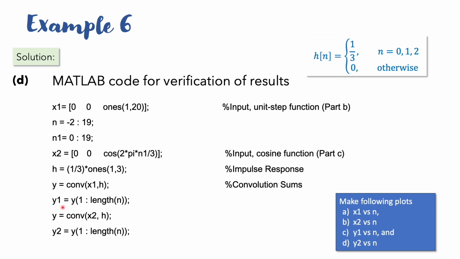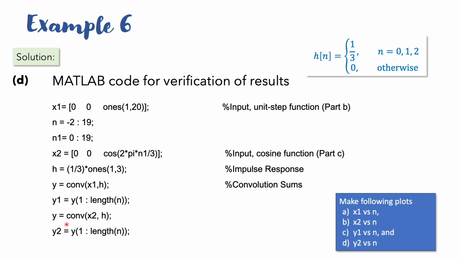And next y1, this is the output. Okay, so y1 is the output corresponding to our inputs. This one actually gives us the length of y1. The length of y1 is until the length of n. What is n? This one, -2 until 19.